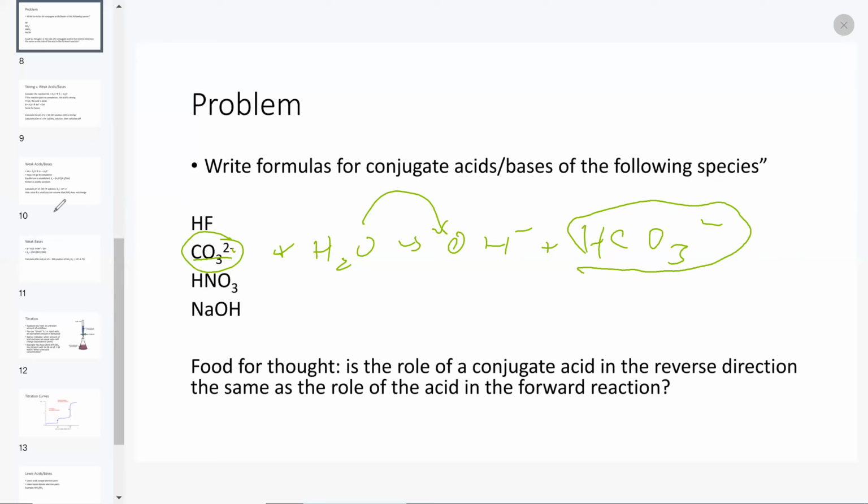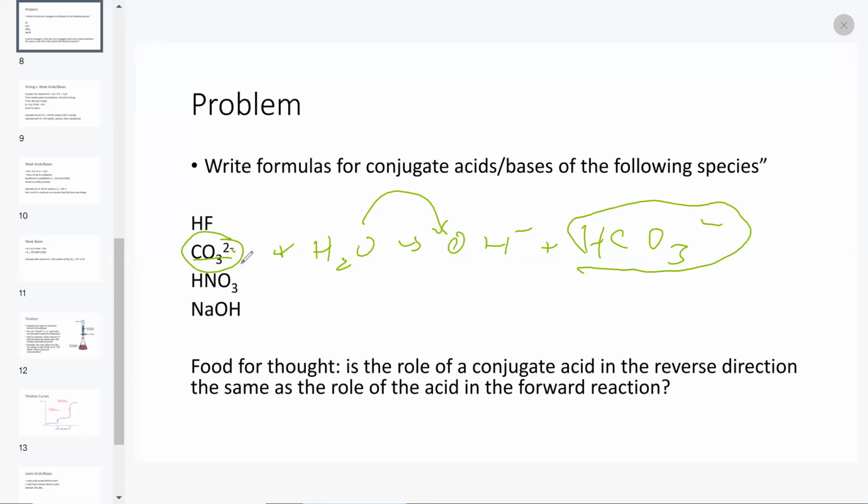So can someone tell me what the conjugate base of this acid is? What's the conjugate base? So the conjugate base should be able to accept a proton to form the acid.